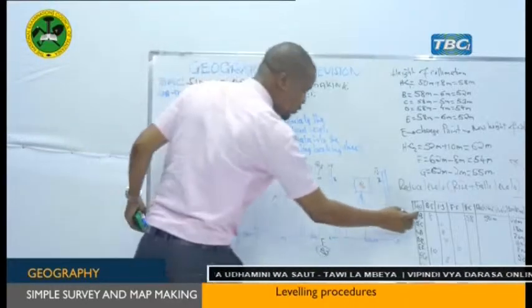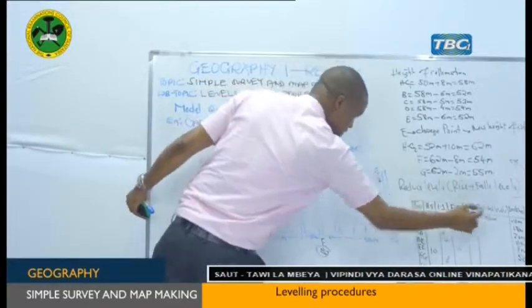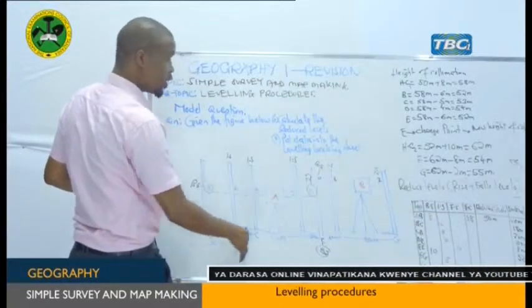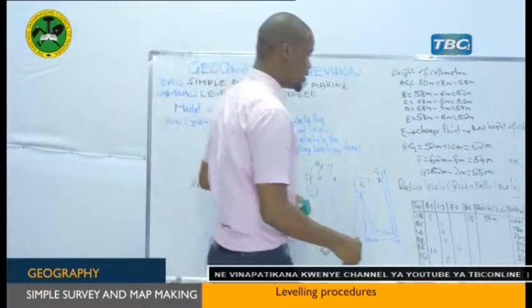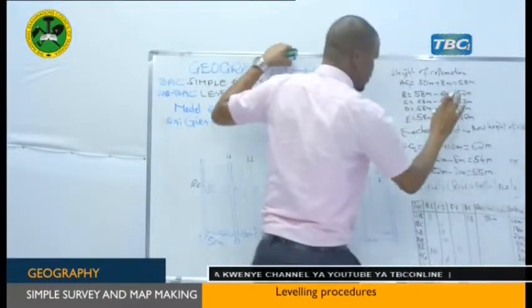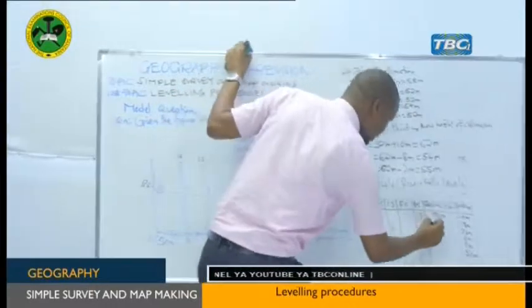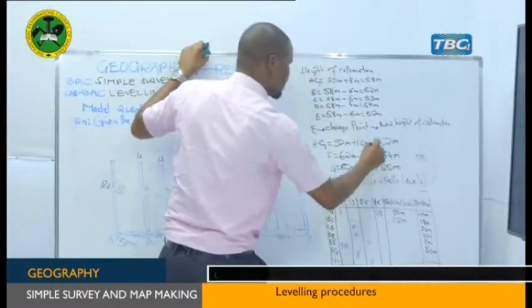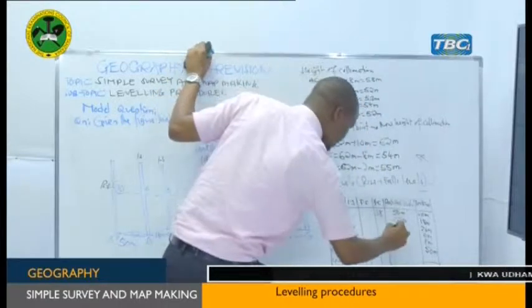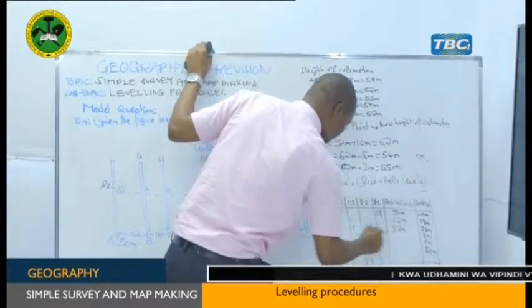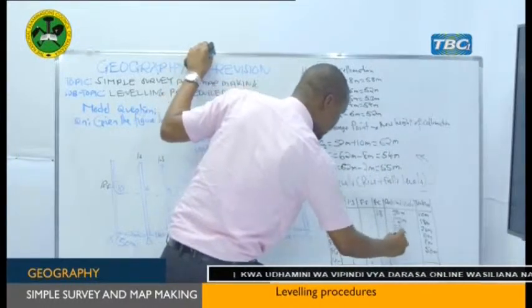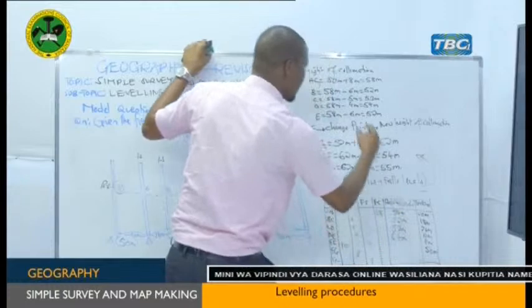We have seen at point A we have 50 meters. So we have to insert at point B 52 meters. At point C we go 53 meters. Point D, 54 meters.